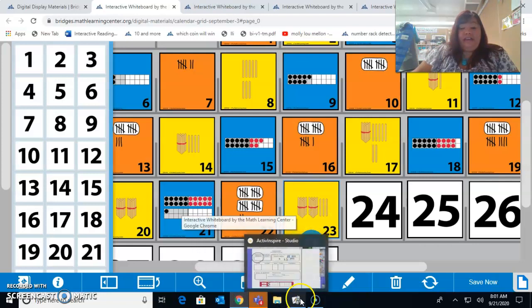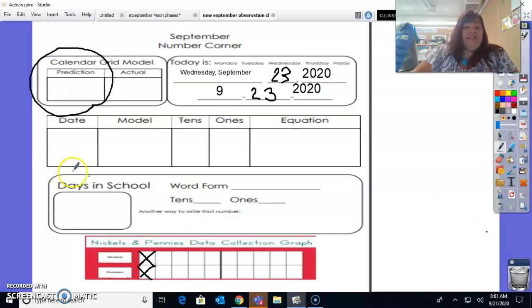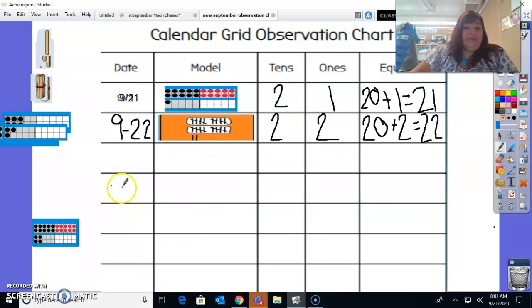Let's go ahead and fill out ours. You guys are going to model here. Okay, fill this out. I am going to do this one. So it's September 23.